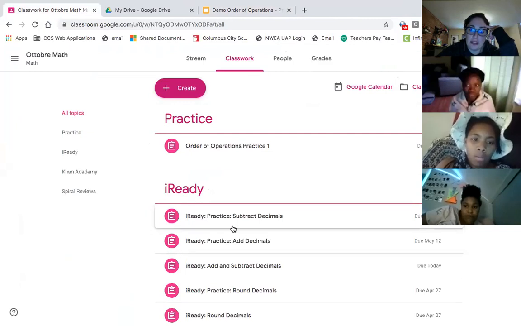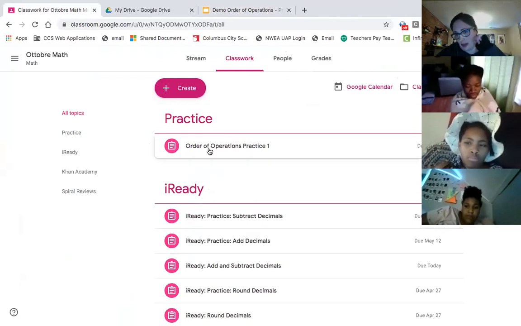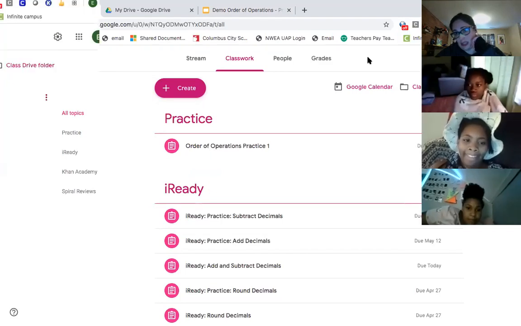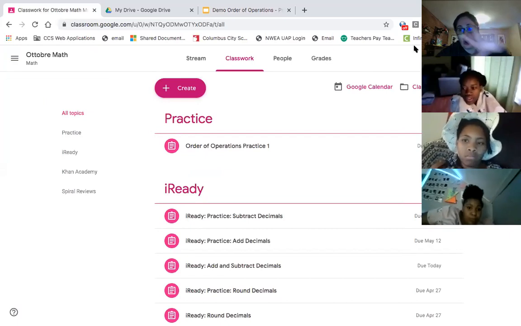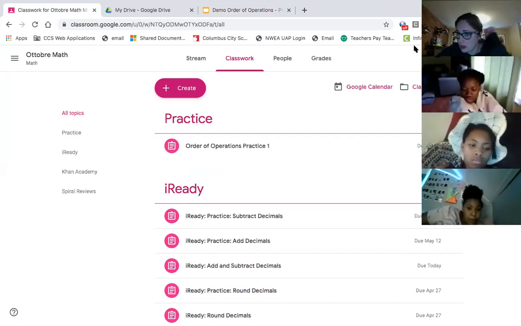You also have two iReady things this week, practicing adding decimals and practicing subtracting decimals. And then you have this order of operations thing, which I think is due Thursday. I'll tell you if the whole thing is due Thursday or if there are certain slides I want you to do.